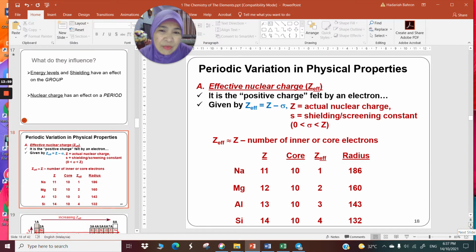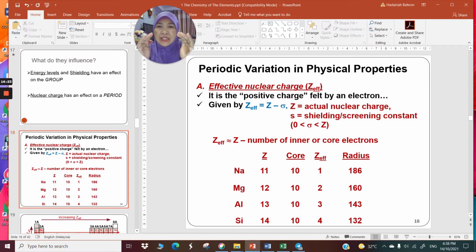You have to understand that for us to be able to discuss the next upcoming topic, that will be atomic radius. So, periodic variation in physical properties. First, you have to look at the effective nuclear charge. Is it the positive charge? It is the positive charge that is felt by the electron, like I was telling you.